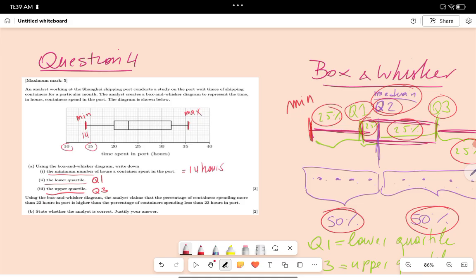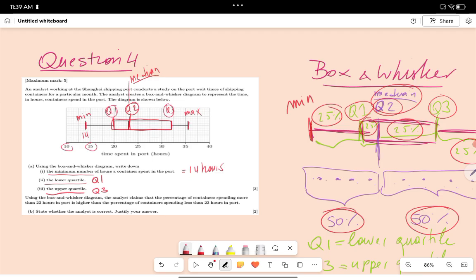And then the lower quartile. So again, let's start here. This is Q2. That's the median. This is Q1 and Q3. So remember in our box, guys, the box consists of the quartiles. So we've got Q2 in the middle, the median, and then we've got Q1 and Q3 on the borders.